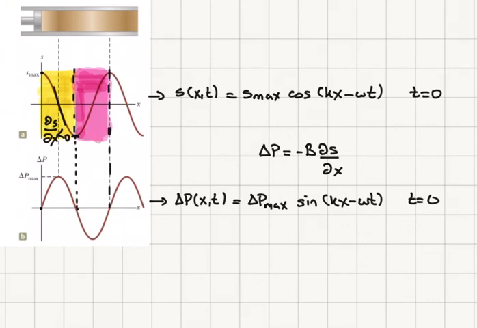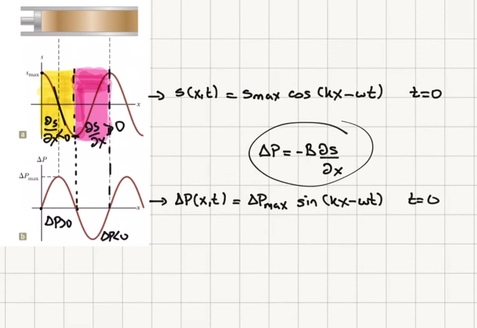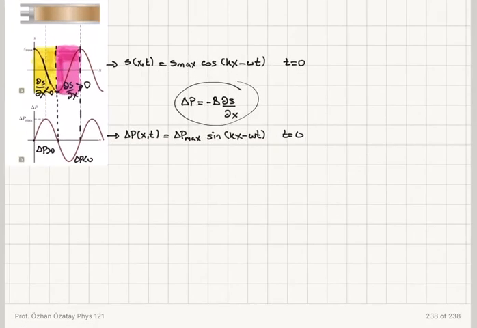In this pink region, I have del S del X positive, then the corresponding pressure values will be negative. So this is delta P positive, delta P negative, etc. So I can see this relationship, delta P is equal to minus bulk modulus del S del X, looking at this behavior. So my conclusion is the following.